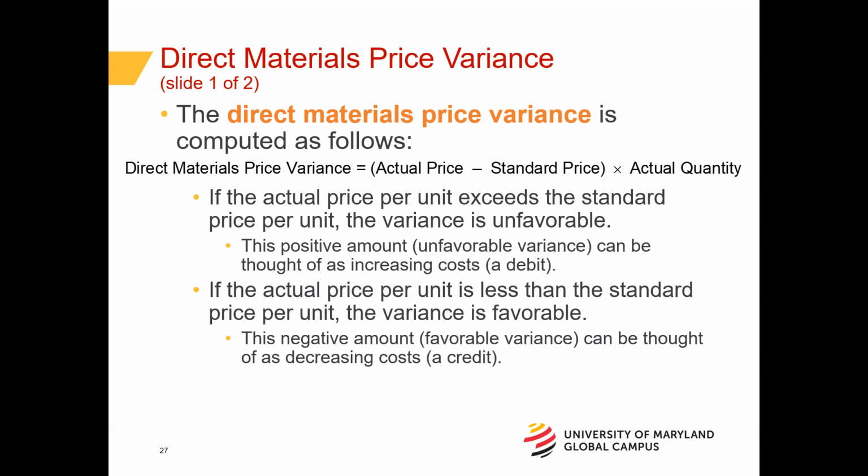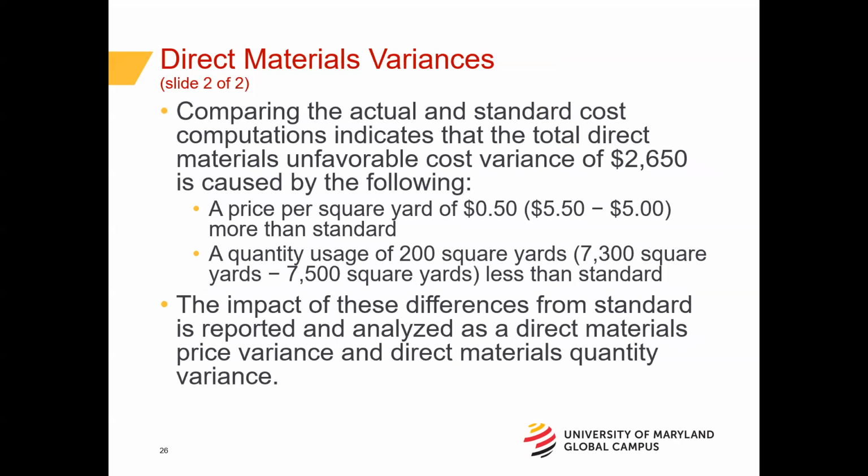So to find the direct materials price variance, we take actual price minus the standard price. Do that first. We multiply that by the actual quantity used. Looking back at what we have here, the actual price was $5.50.